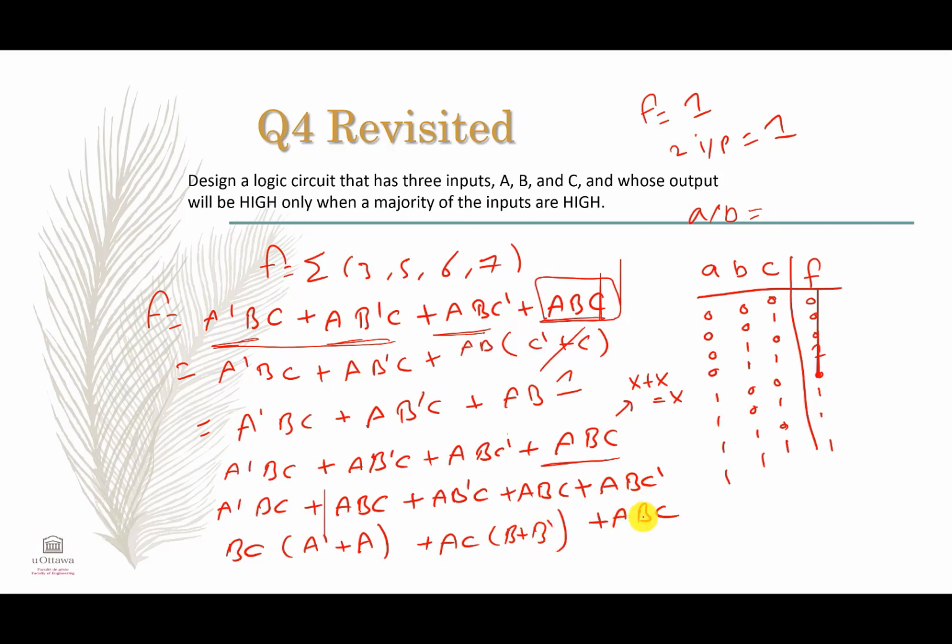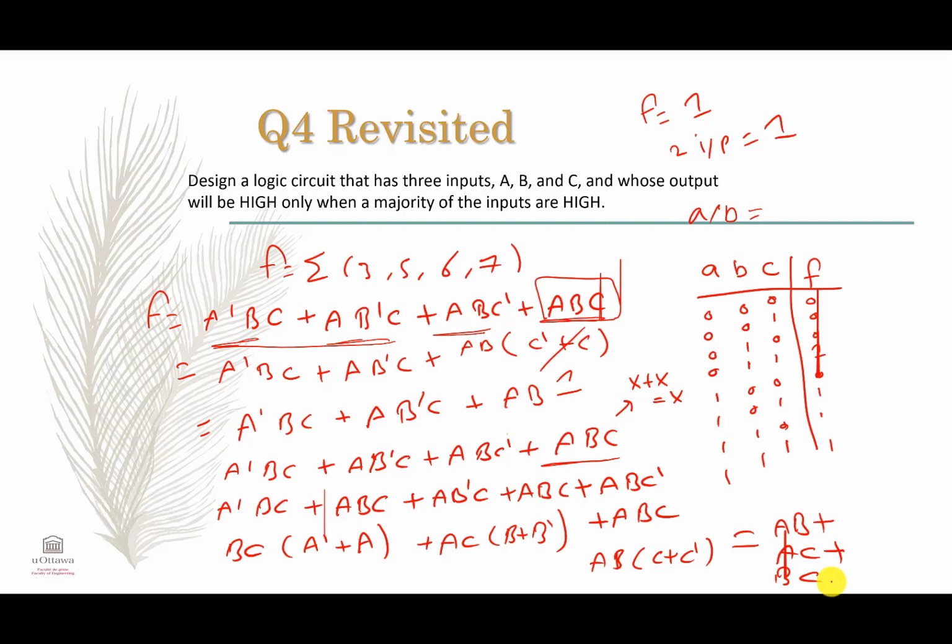And for these I can take ab as a common factor, and I can get rid of c plus c prime. So the simplified function will be ab plus ac plus bc. Not a lot of you will be able to catch this, so please pay attention to that.